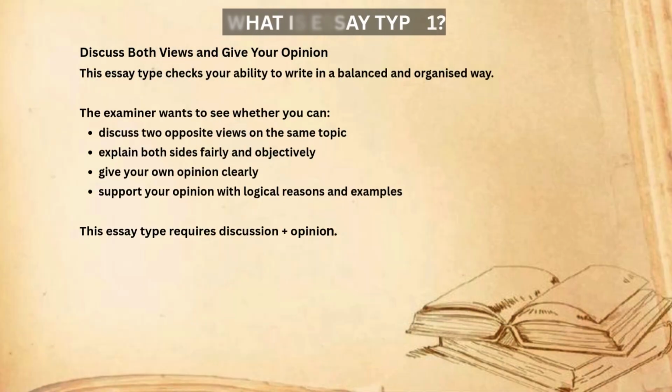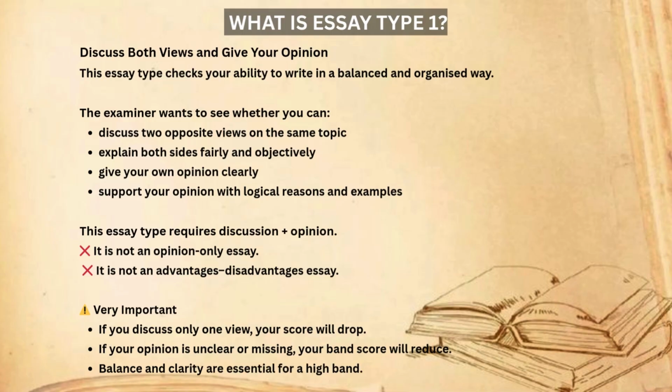Now let us understand what essay type 1 actually is. This essay type is called discuss both views and give your opinion. This essay checks your ability to write in a balanced, logical, and well-organized manner. The examiner wants to see whether you can do four important things.